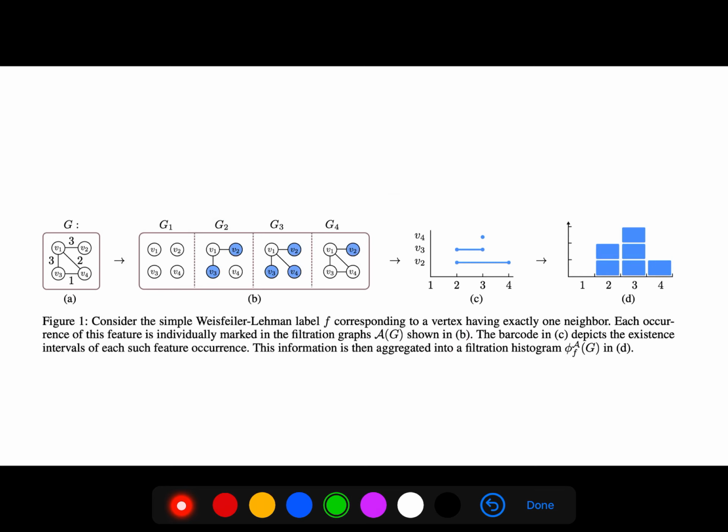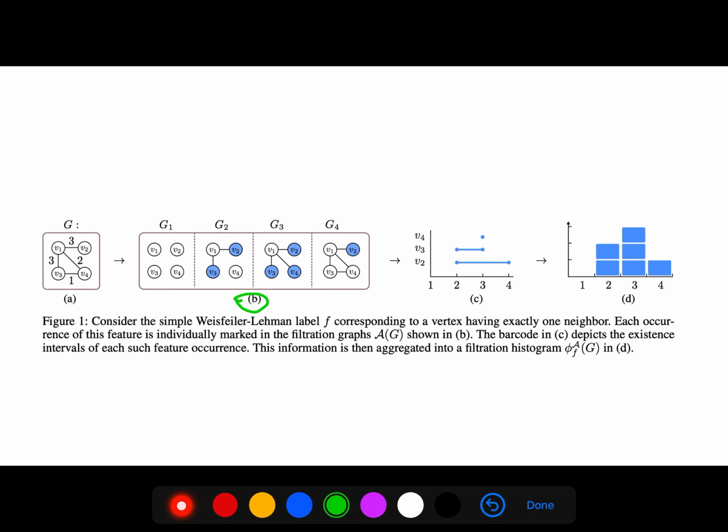Here in this picture, consider a simple WL label F corresponding to a vertex having exactly one neighbor. Each occurrence of this feature is individually marked in the filtration graph, as you see in B. The barcode in C depicts the existence intervals of each such feature occurrence.